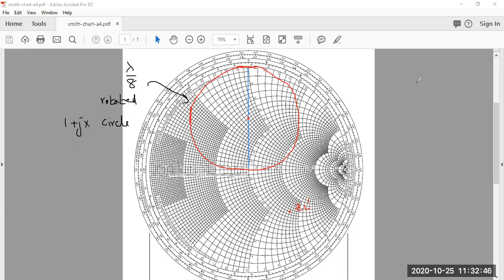Now, because we are designing a shunt double stub impedance matching circuit, if you remember, I mentioned that we need to convert or transform ZL into YL dash. And this can be easily done by drawing a line which will connect this ZL with the center, okay? And then with almost equal distance on the other side, we will come somewhere over here.